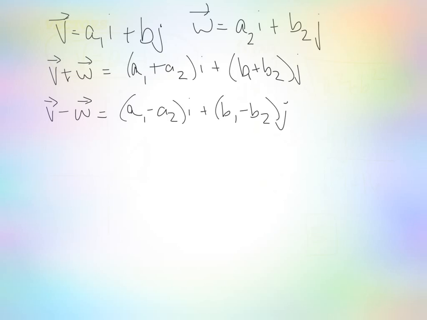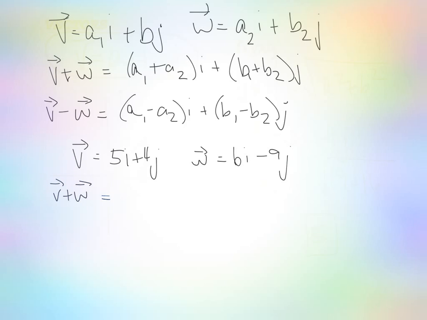Just say that vector v is 5i plus 4j, and vector w is 6i minus 9j. These examples are also in the text. So let's try and find v plus w.